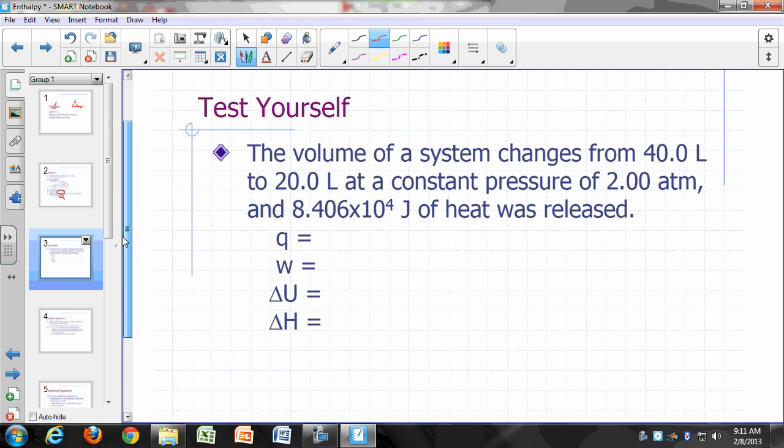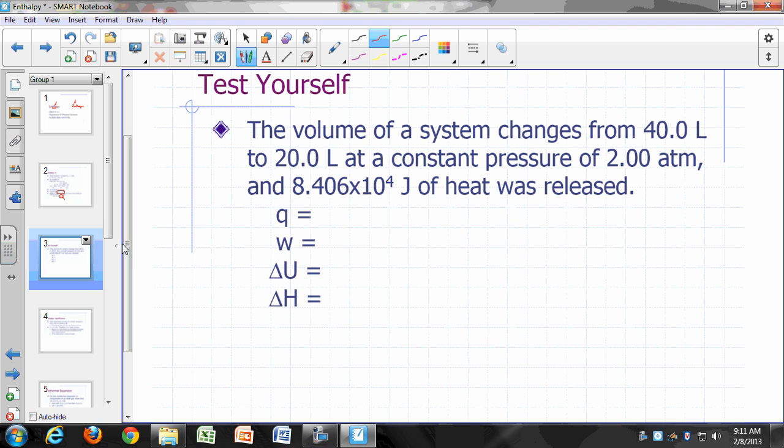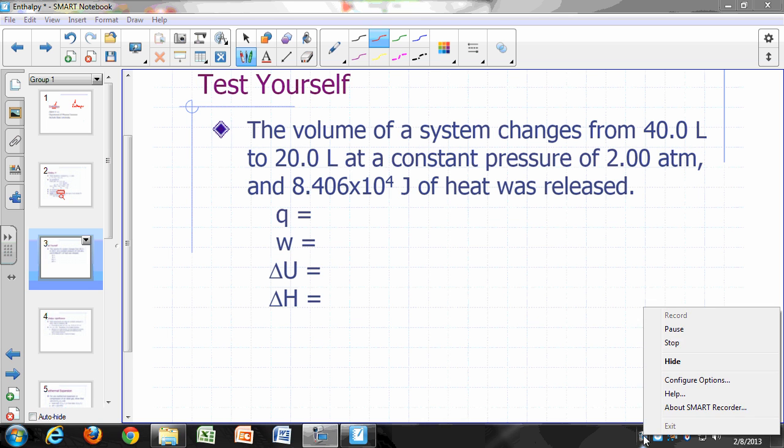So let's apply that idea now. The volume of a system changes from 40 liters to 20 liters at a constant pressure of 2 atmospheres, and 8.406 times 10 to the 4th joules of heat was released. What's our Q?